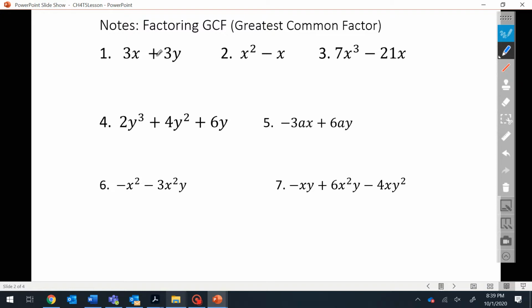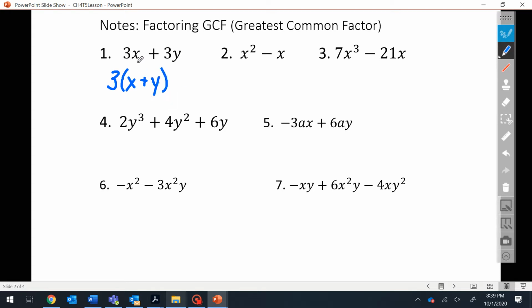Essentially, for example, 3x plus 3y, we know that 3 goes into 3x and 3 goes into 3y. So we can factor out the 3, and when we divide 3x by 3, we get x, and when we divide 3y by 3, we get y.